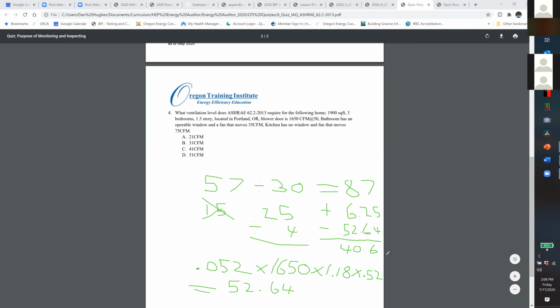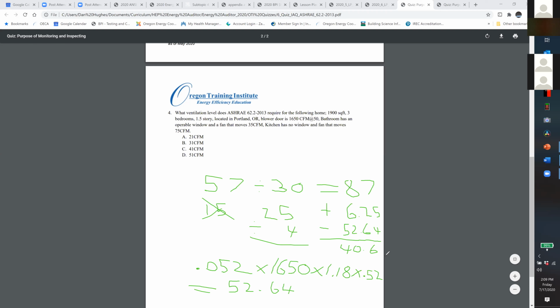If you're still having trouble with this formula or any of the steps of it, take a look at that exercise. And if you can complete it manually, go ahead and take the information, plug it into one of the calculators, and then see if you can figure out how to get to that same result. Check your work.